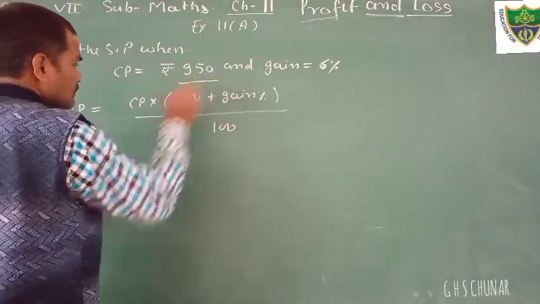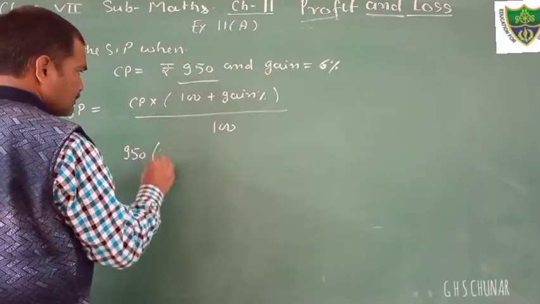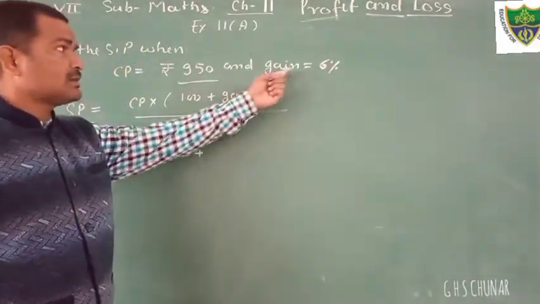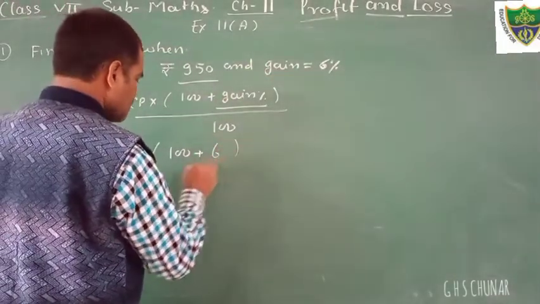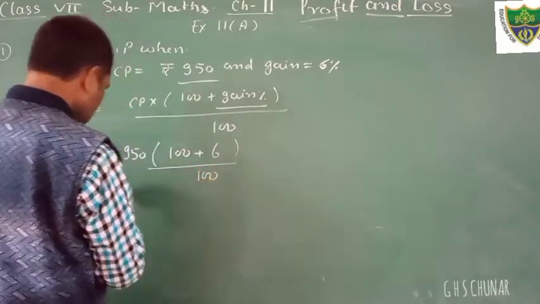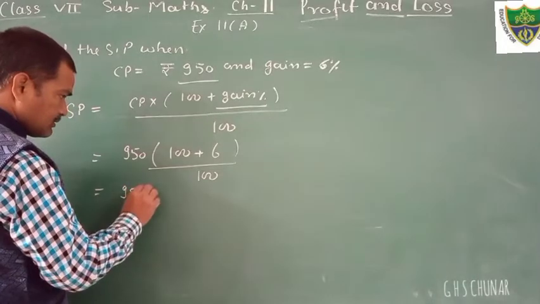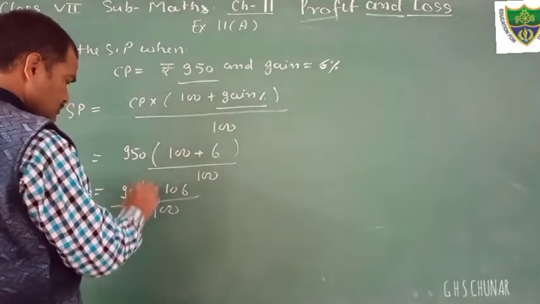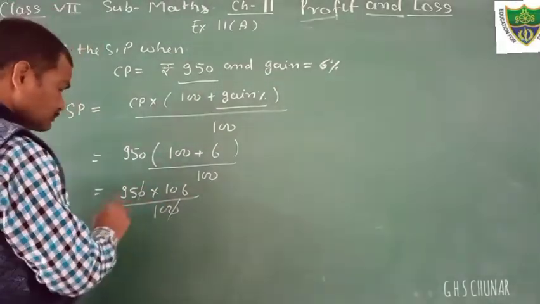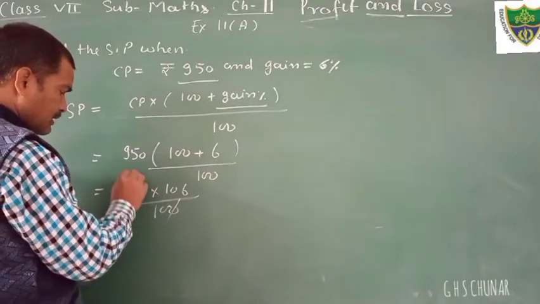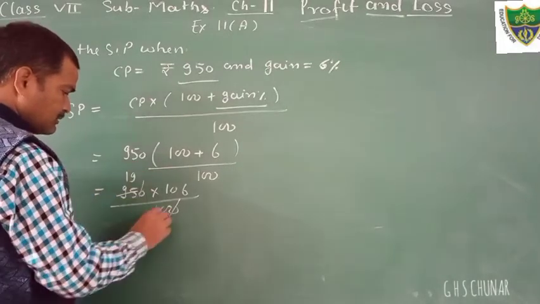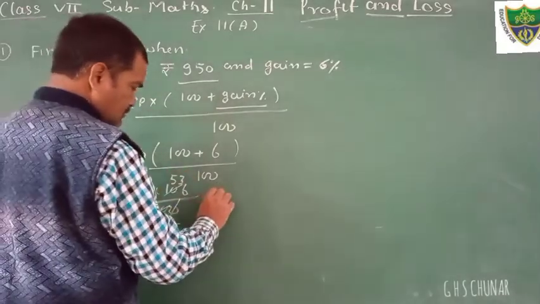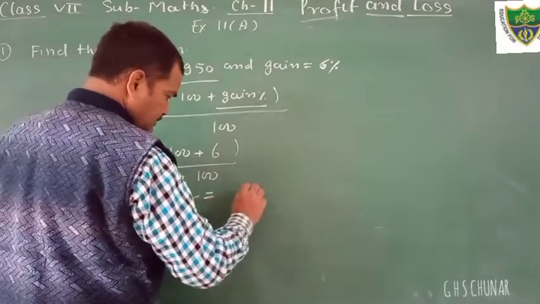Now 950 into 100 plus 6, upon 100, that is 950 into 106 upon 100. This zero cancels with the zero, then 5 cancels, 5 nines are 45, 5 twos are 10, and 3. 93, 57.